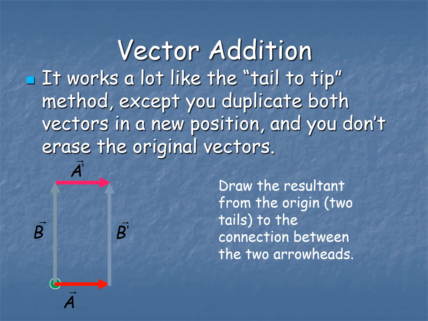So if you draw that vector, what you see now is that all the tails are touching in one place and all the arrowheads are touching in another place. So that is the parallelogram method of vector addition.